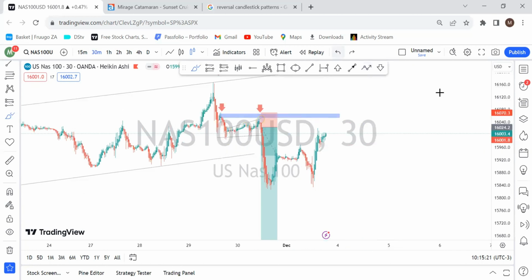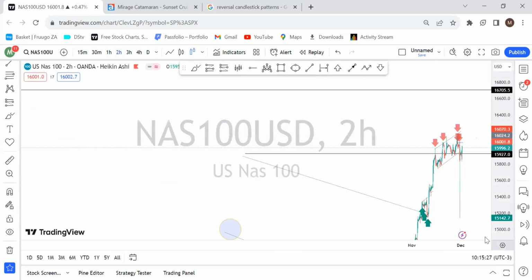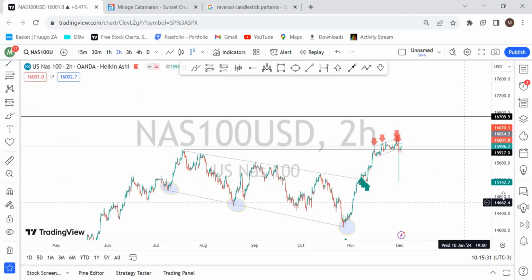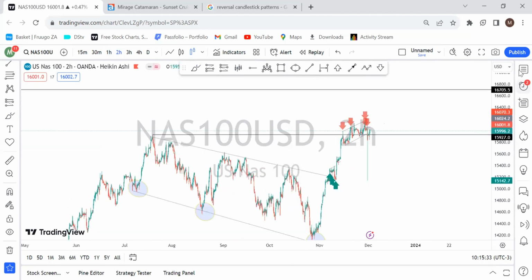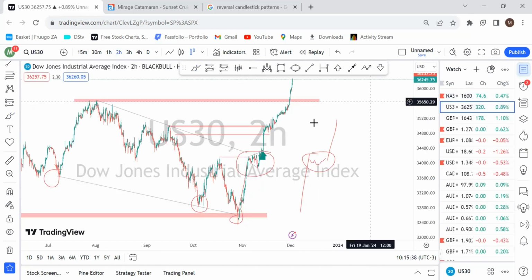So that is what we have with NASDAQ. So this is the sell setup.